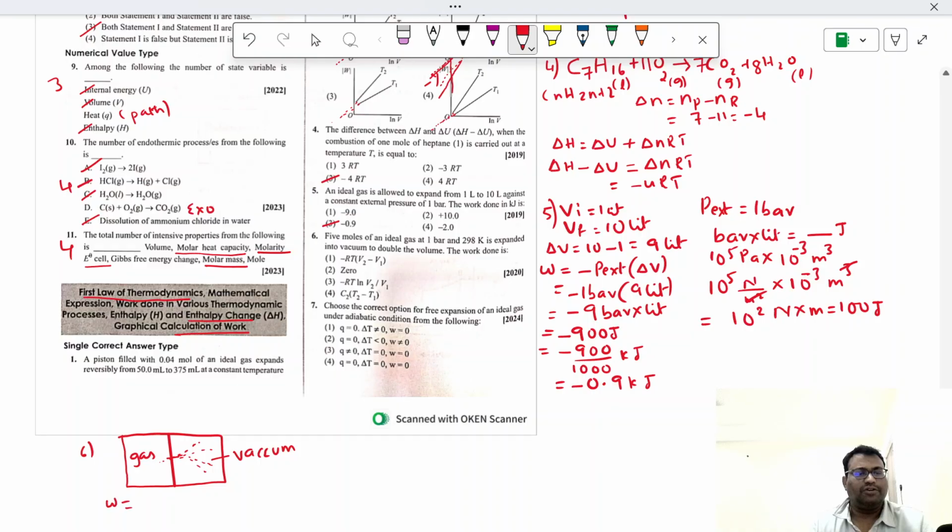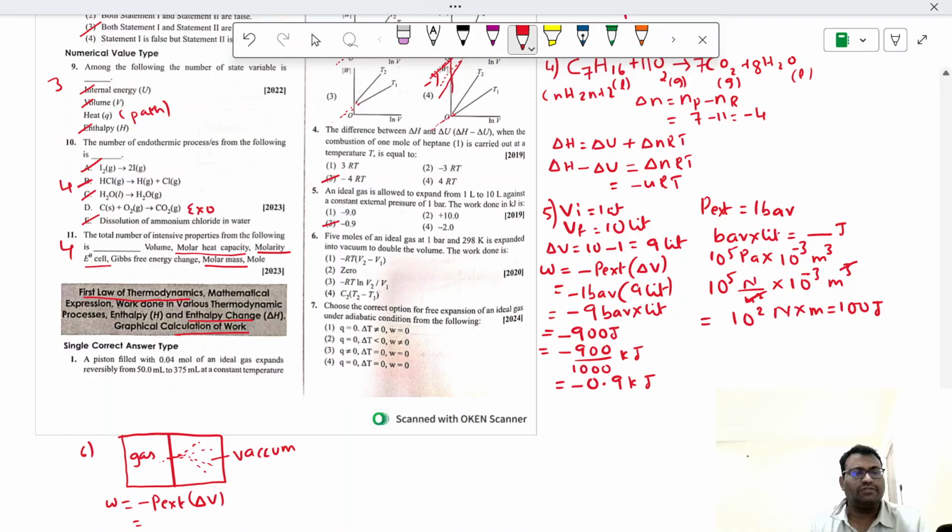Work done is equal to minus P external into delta V. This is the formula which we have studied. Here it is vacuum. There is nothing here. There is no opposing force, no external pressure. Work done is force into displacement. There should be some opposing force, then only the work will be done.